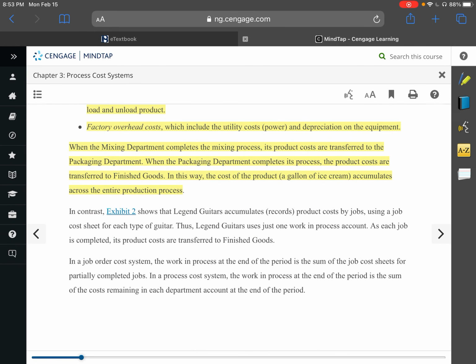And if you want to contrast that to the Legend guitars, they just have product cost by job and use one job sheet for each job. And then there's just one work in process account for that one job. There's one finished goods account for that one job. And then as each job is completed, they transfer it to finished goods.